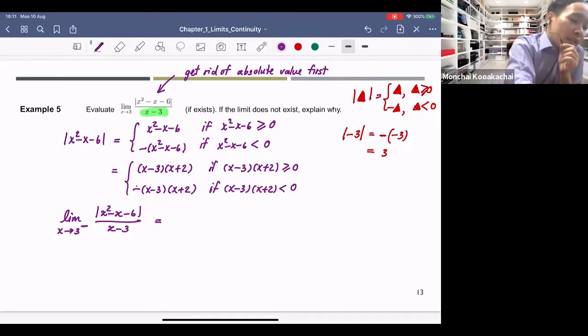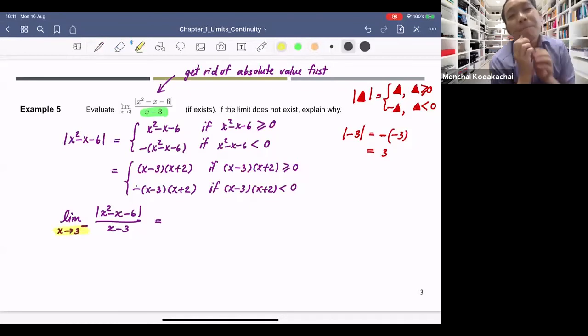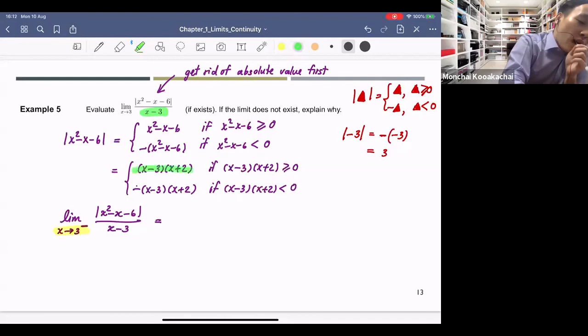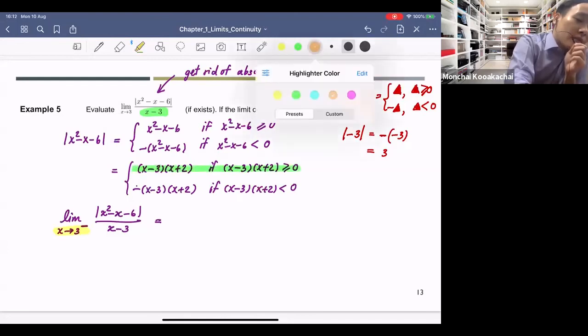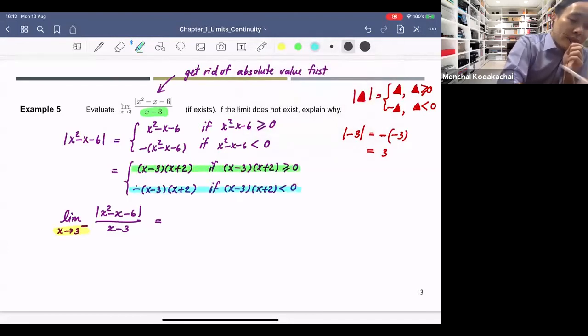And then you can see that, hey, when x approaches 3 from the left, what does it mean? X is going to be 2.99, 2.999, 2.9999999. So what case are we going to have? Is it going to be the green one or the blue one?